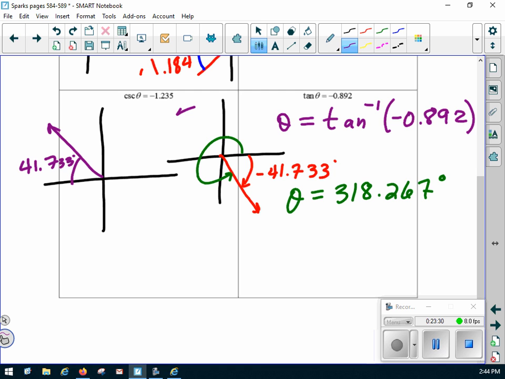And I want that angle right there. Perfect. 180 minus that reference angle. Don't forget your degree symbols.